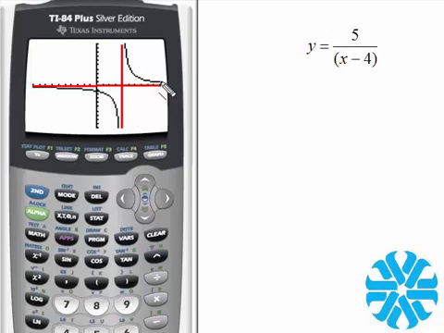I want to show you now how to get rid of the asymptotes if you saw them initially. So let me go ahead and get rid of these asymptotes that I drew in, and graph this function in dot mode. It's really simple.